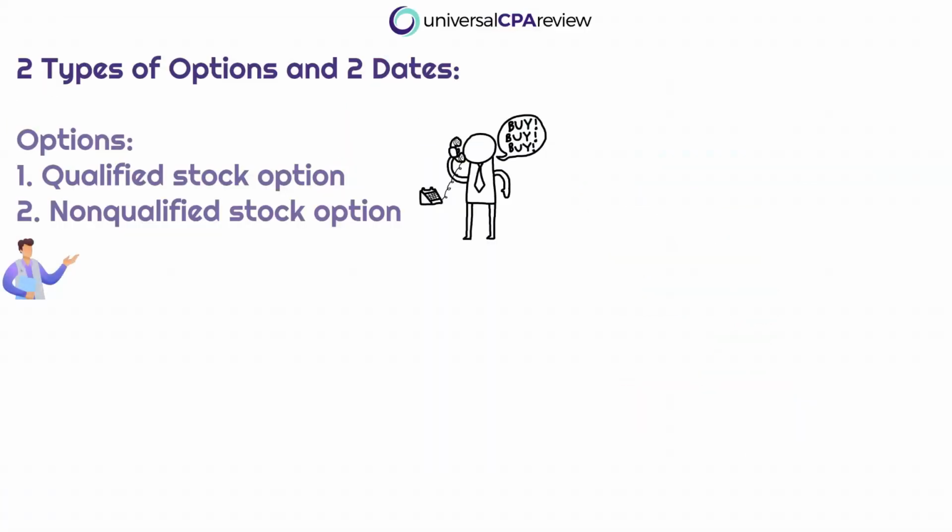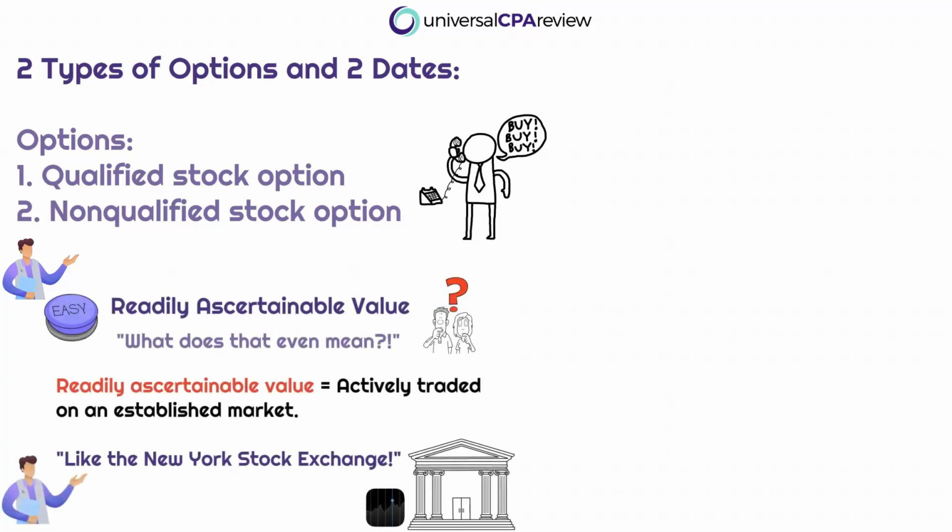Okay, so non-qualified stock option, situation number 2. We have a non-qualified stock option without a readily ascertainable value. So if having a readily ascertainable value indicates that the options are being traded on an open exchange, that means if they don't have a readily ascertainable value, obviously they are not being traded in the open market.